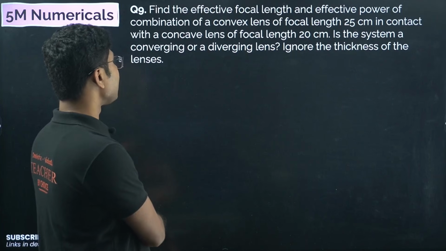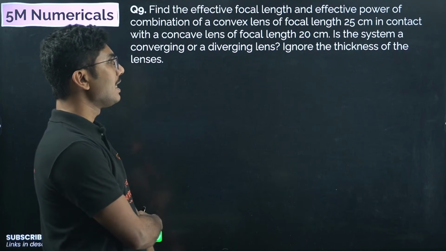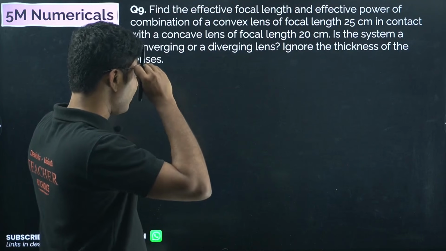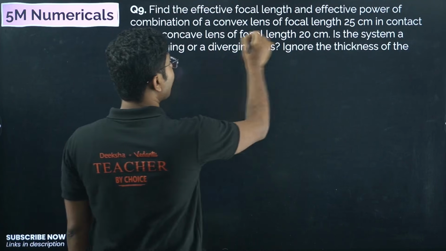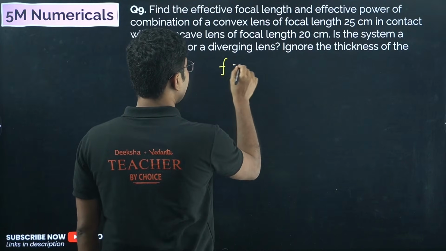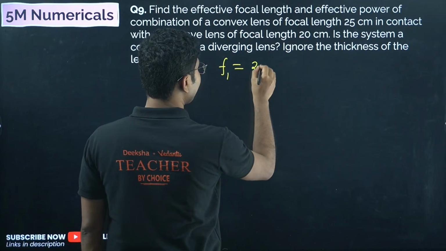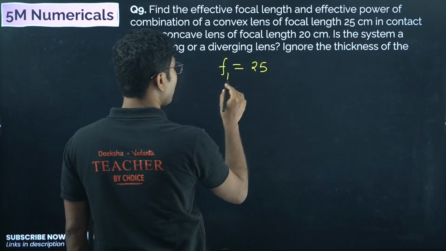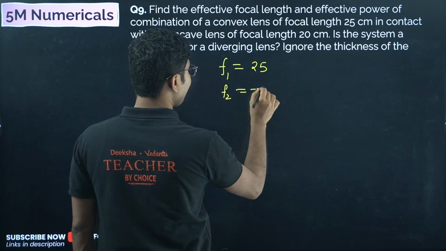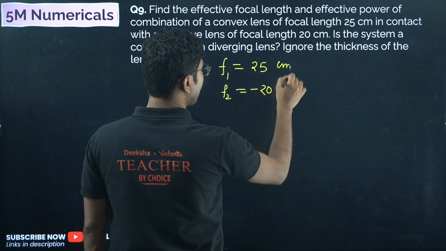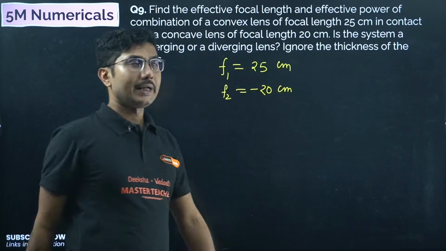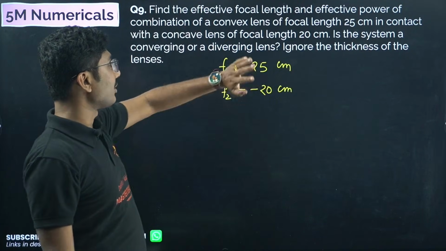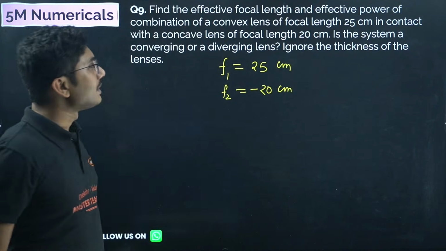Is the system a converging or diverging lens? Ignore the thickness of the lenses. So what is the given question? This is one of the easiest questions. Convex lens of focal length 25 in contact with a concave lens of focal length 20 centimeter. Concave lens has negative focal length. Focal lengths of concave lenses are always negative.